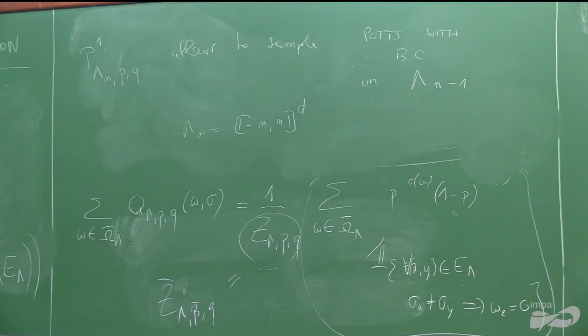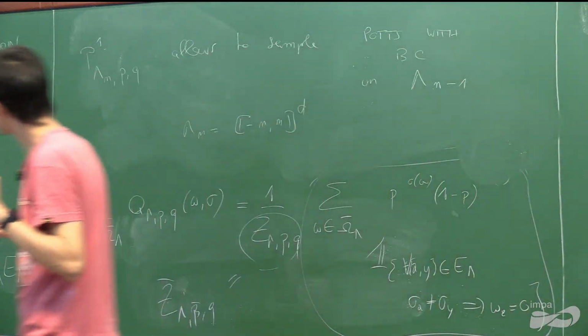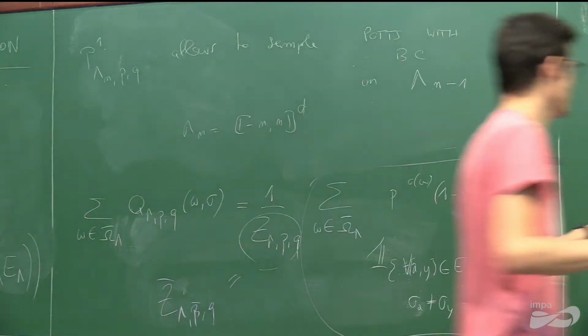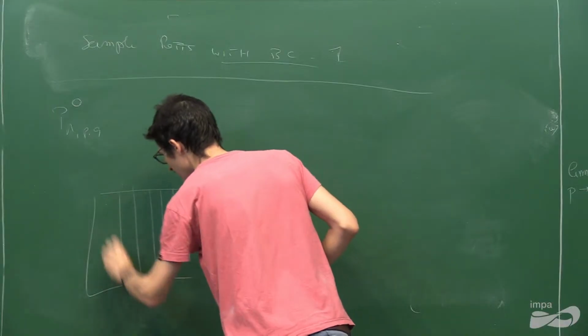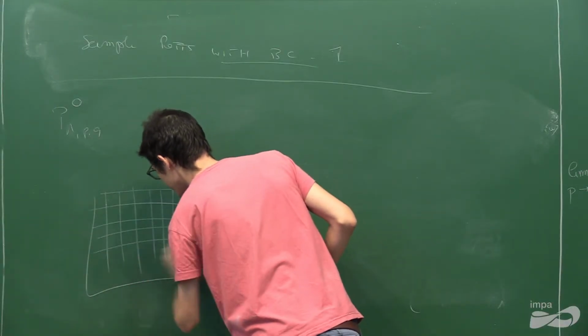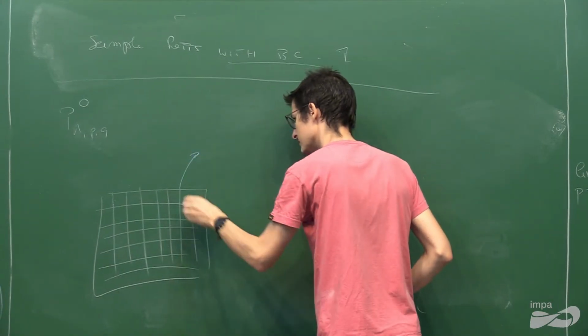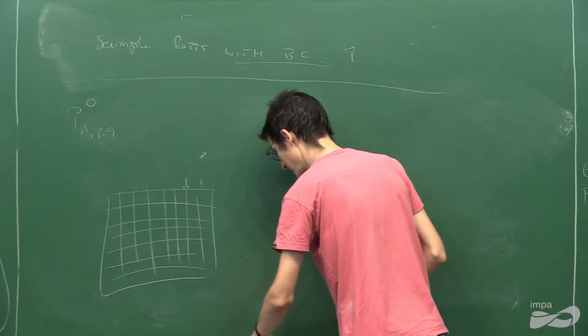Because, you see, my graph is like this. This is my box, Lambda n. All these things are also linked to the boundary by other edges.